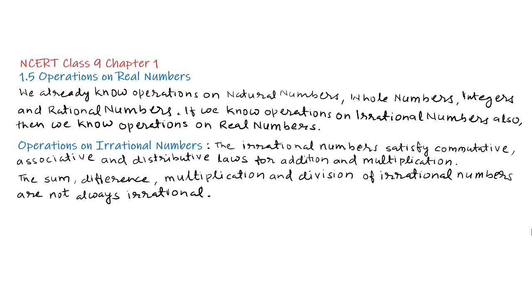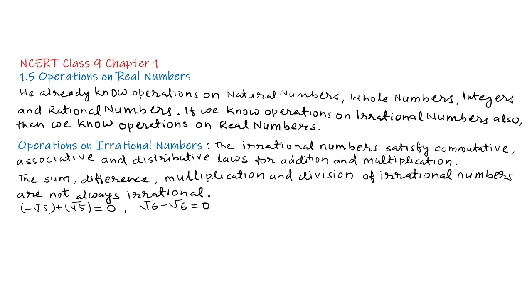For addition, minus root 5 plus root 5 is 0, which is not irrational. Second example is root 6 minus root 6 equal to 0.